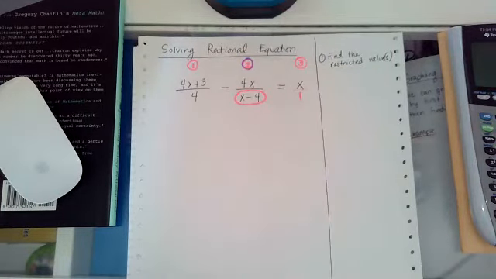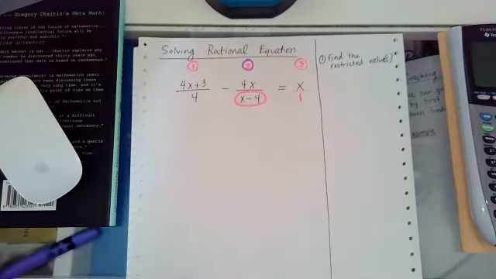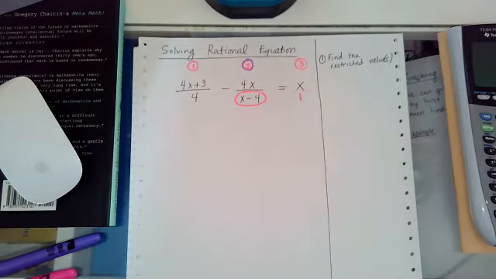Okay. So what value of x here, just by examining the denominator, would make the denominator 0? 4. Yeah. 4.